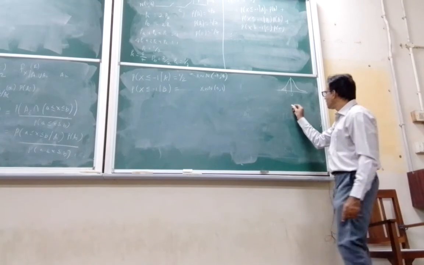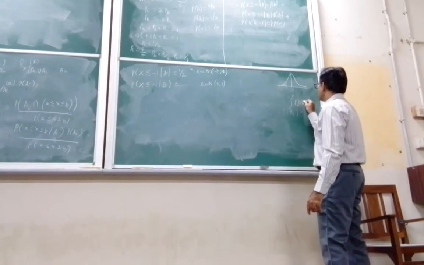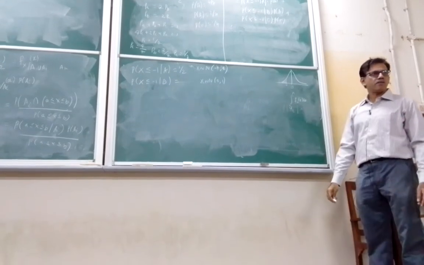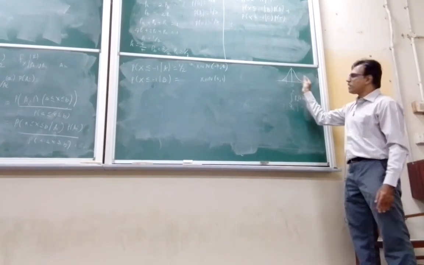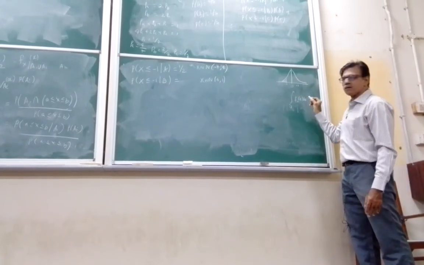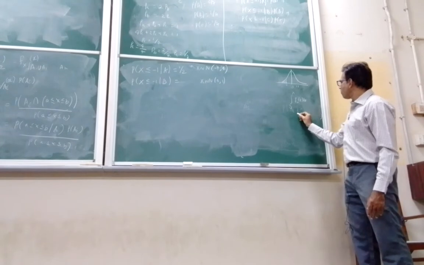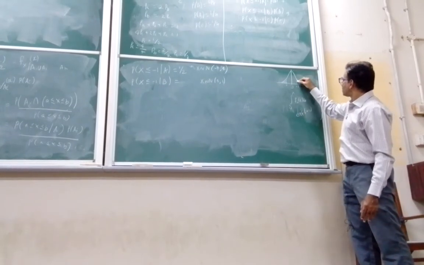Error function, what does it give? The integral from 0 to x of f_X(x) dx is what it gives. So this is symmetrical about both sides. So if I take plus 1 here, error function of 1 will give me this part.